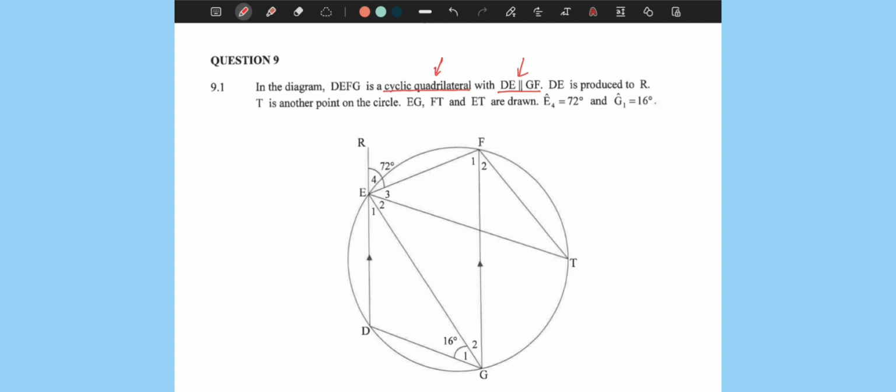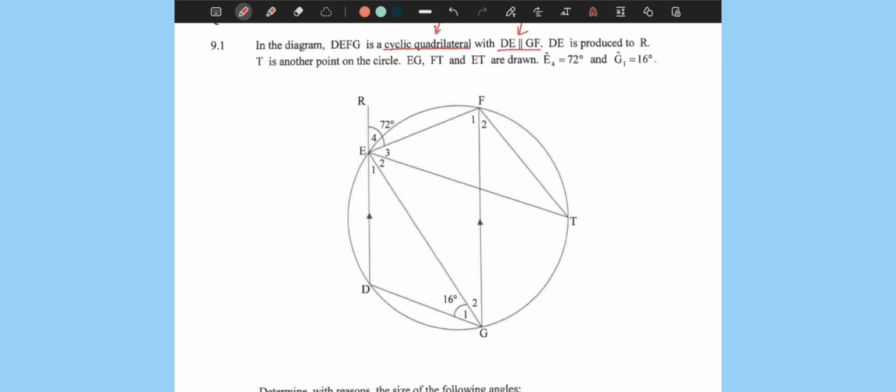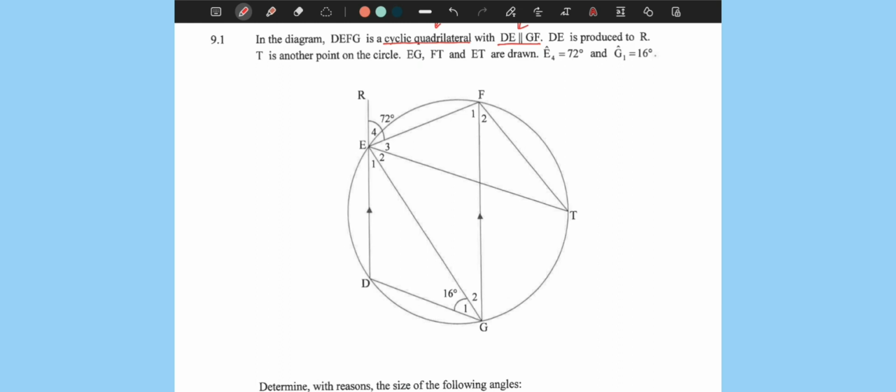Whatever questions follow under this instruction or scenario, you need to think about these 2 theorems that you are given here. They're not giving you these theorems just for you to read and leave them in vain, or just decorating the scenario. So make sure that you apply all the conditions for these particular theorems that you're given.